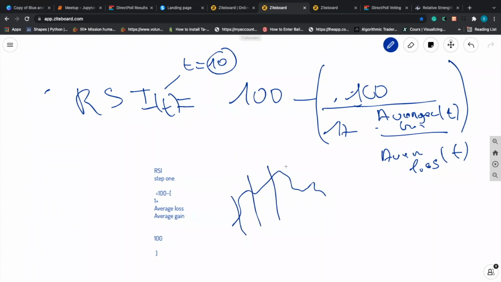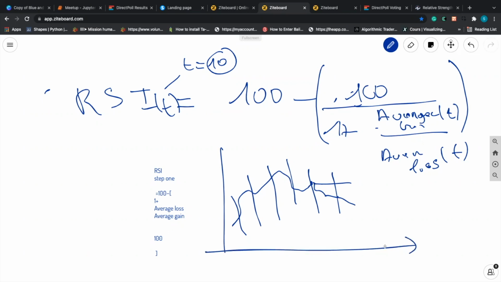If we're taking 10 periods of 1 minute, that's the market data, and for this period you have your entry and your up. Based on these 10 periods, here we have a period of gain, here a period of gain, here a period of loss, here a period of gain, here a period of loss, and based on the last 10 periods of gain and loss, that's going to make an average.